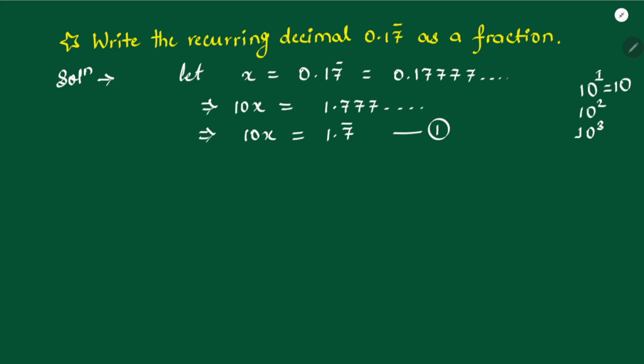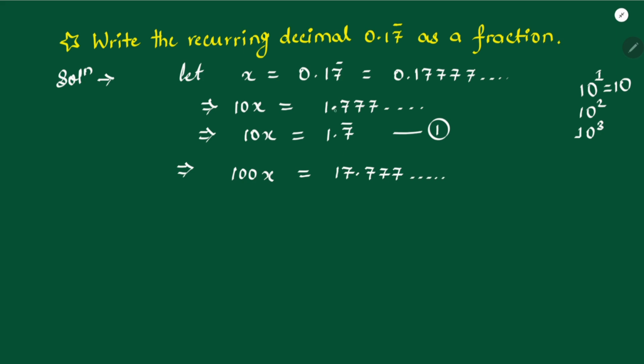Now, what we will do? We will try to multiply 10 again to this new equation that we have. So it will be 10 multiplied by 10, 100x is equal to 17.777 and so on.